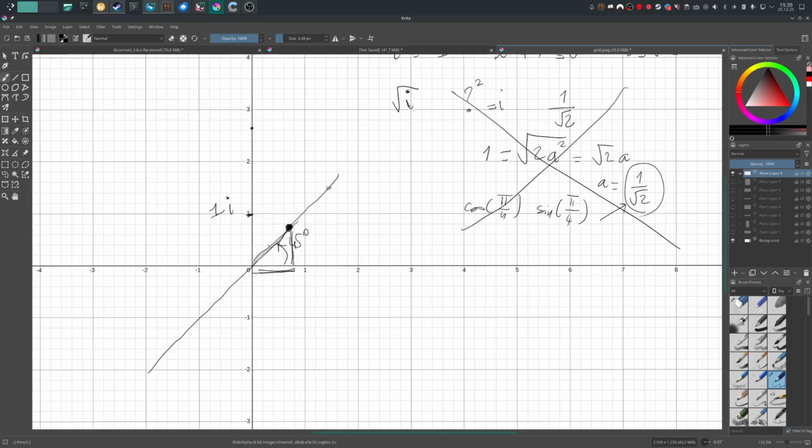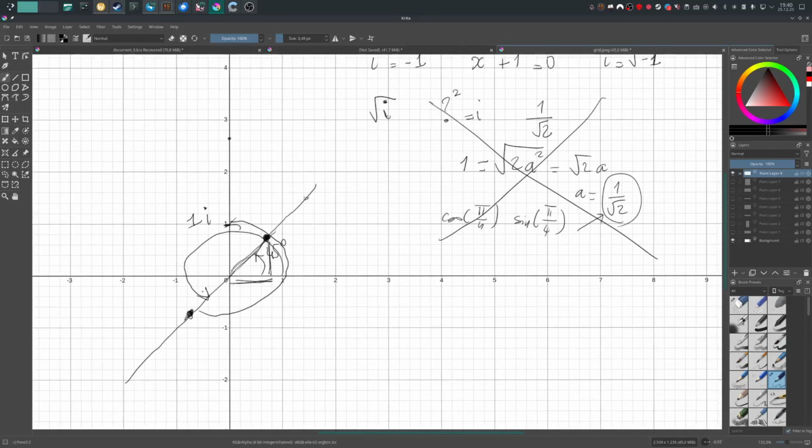I said there are two numbers, right? Because this one was obvious. It has to be the half, but basically it can also be there, because then you have this angle, and when you do it again, you would land back here. So this point is also a valid point.